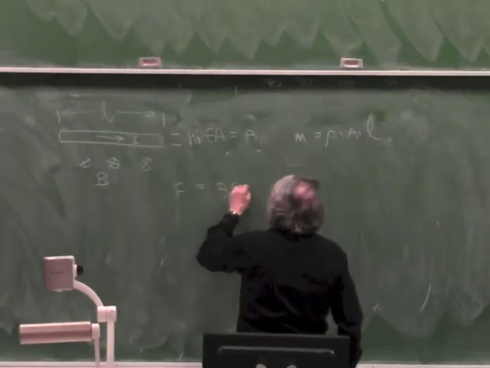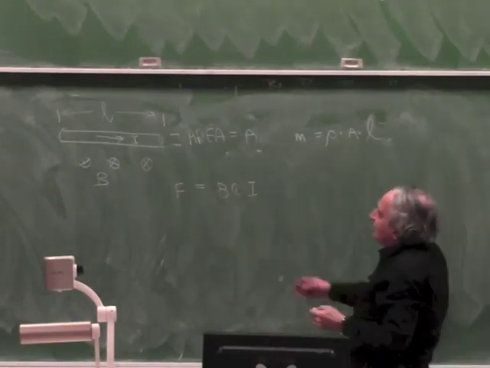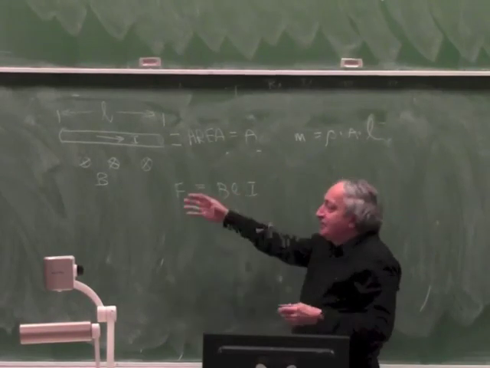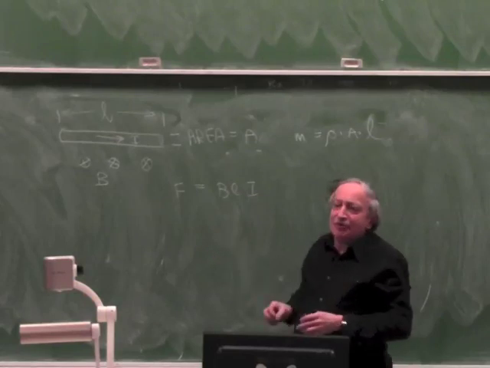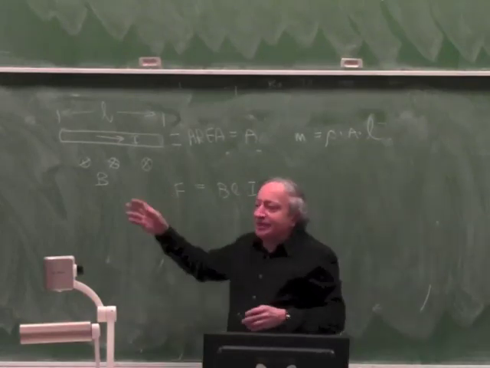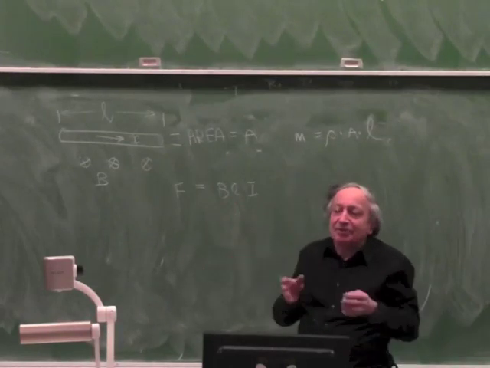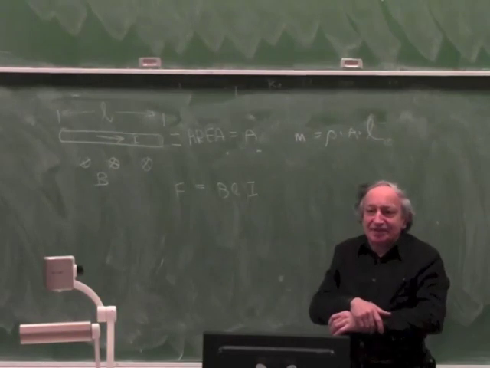So the force is BLI. But then you say, just a second, I can make the force as big as I want by increasing I. Let's say B is fixed by the magnet. I don't know if I mentioned it before, but if you use permanent magnets, you cannot get any B you want. In a permanent magnet with an air gap, it's very difficult to get more than 1 Tesla.